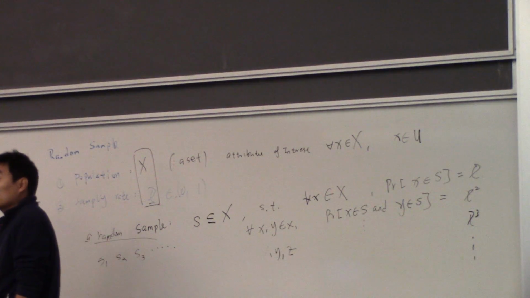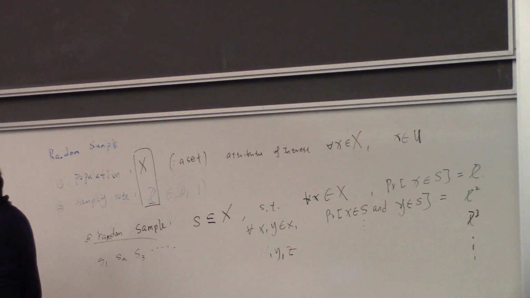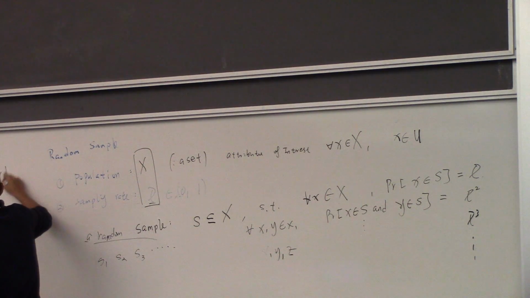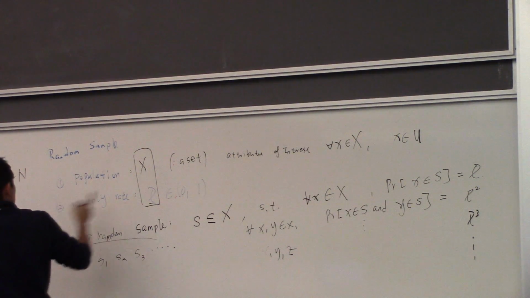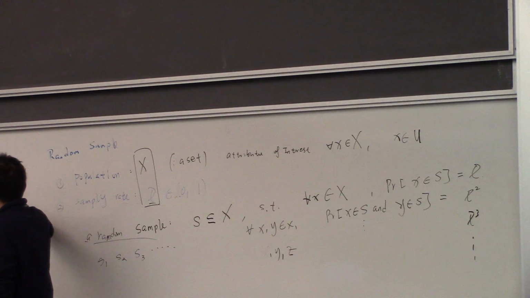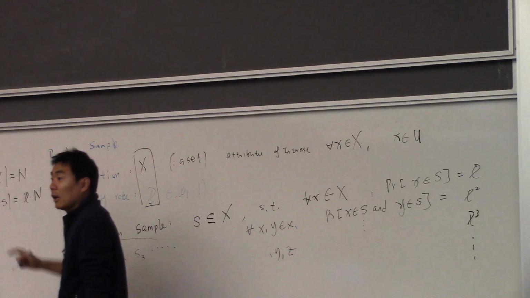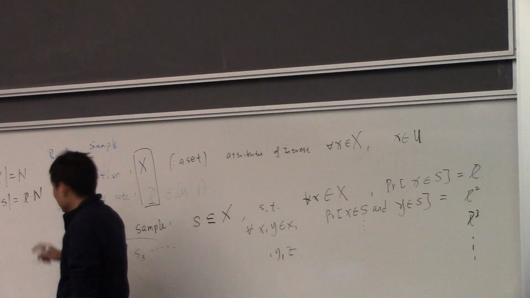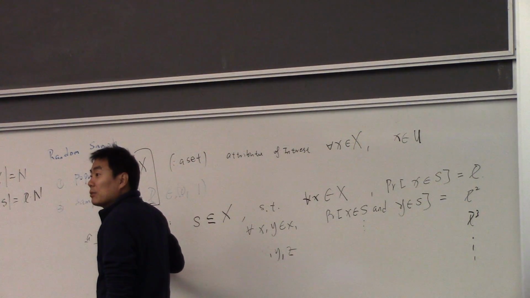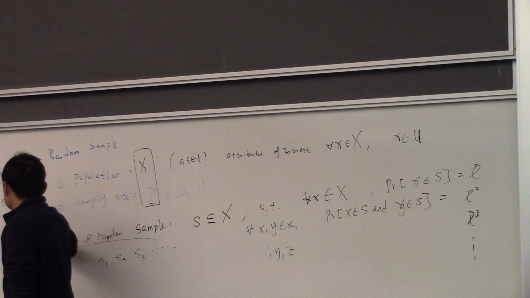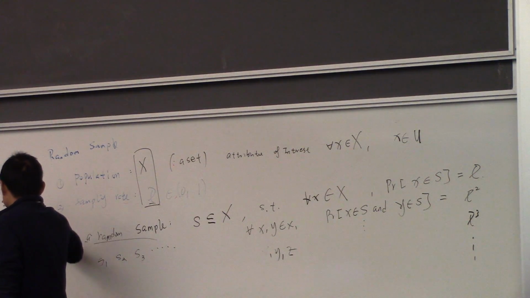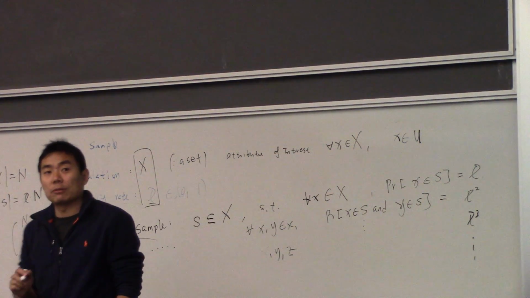Well, if the size of X equals n, with sampling rate rho, roughly the size of S is rho times n on expectation. Roughly how many such random samples you may have is just n choose rho times n.